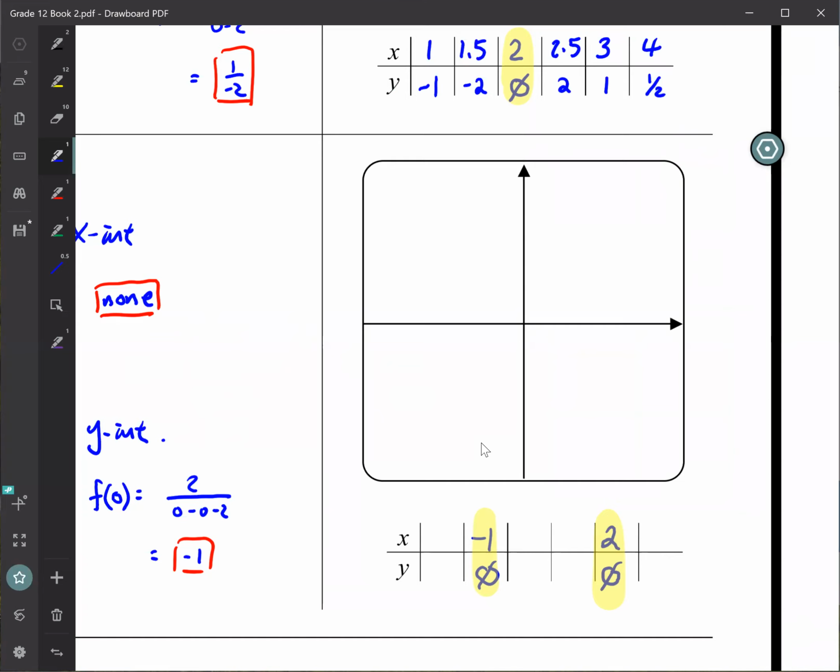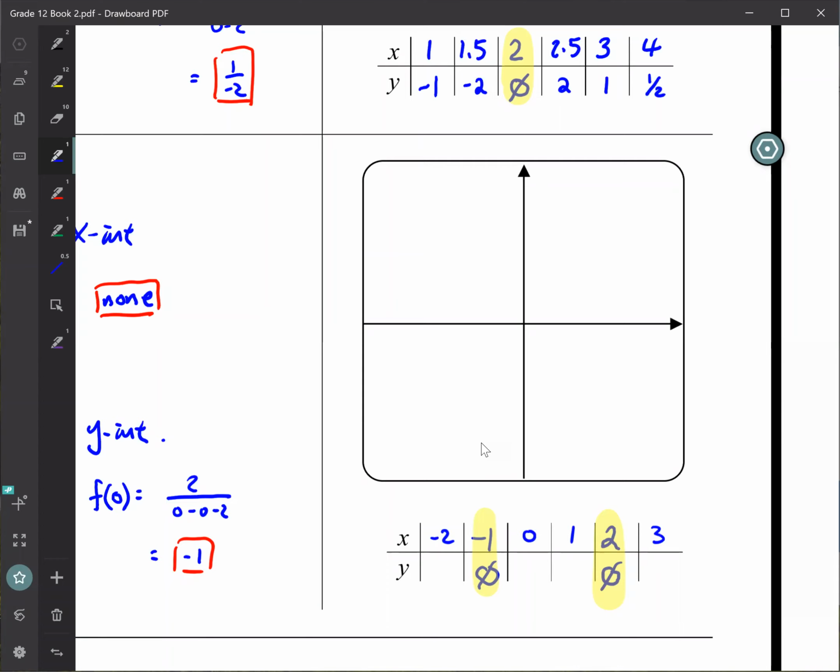Left side of -1. -2. Okay, right side? 0. Yes, okay. And then the next one for the 2 will be 1 on the left side, right side will be 3, okay? So you just need to have at least 1 point on each side of the asymptote, okay?